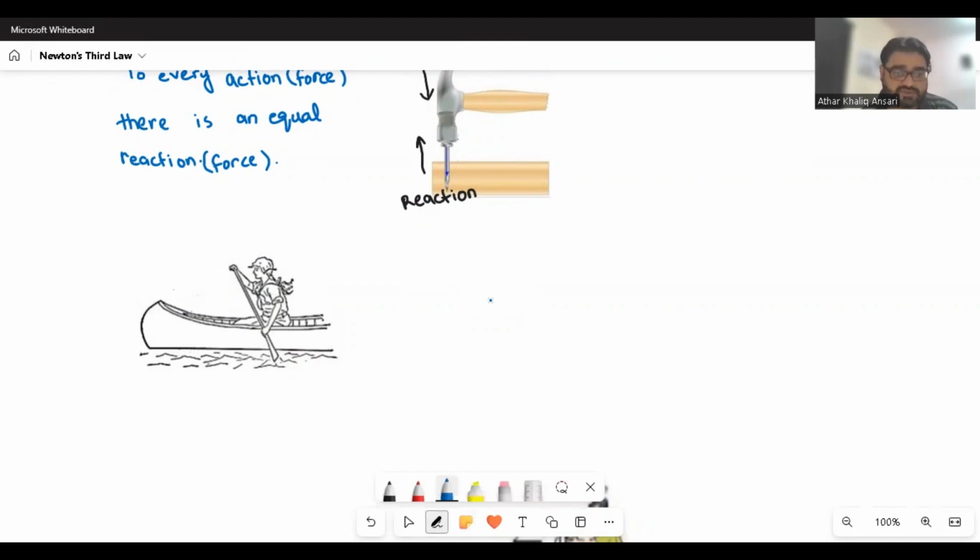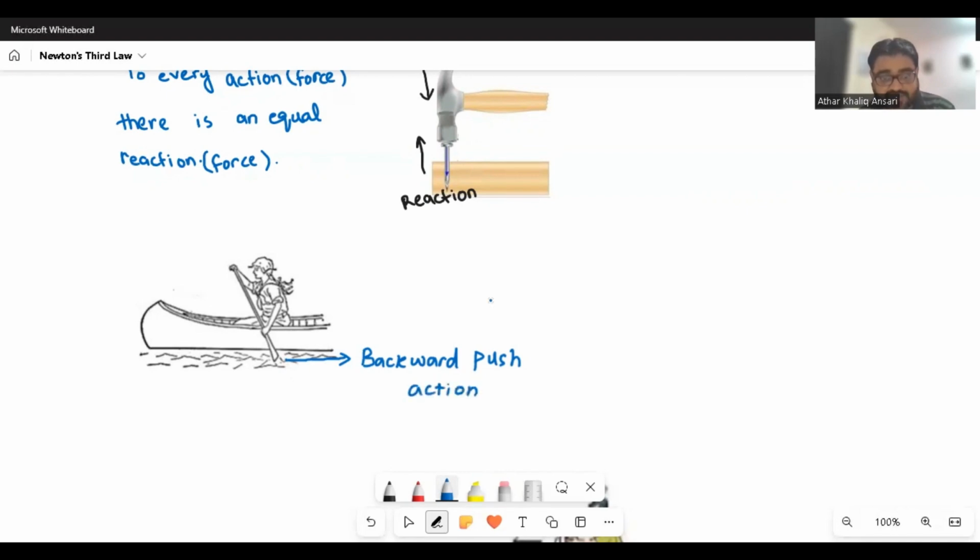Because of this stick, it's pushing the water backward. This backward push with the boat stick is the action.